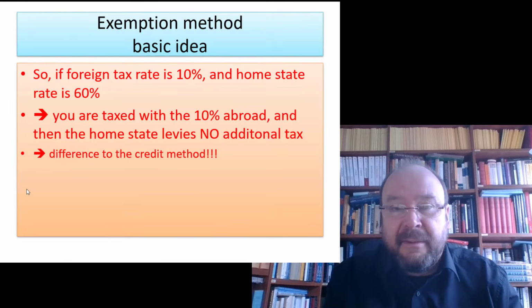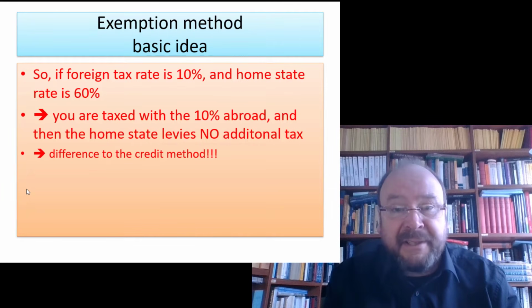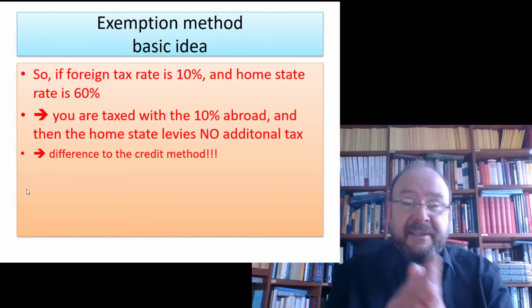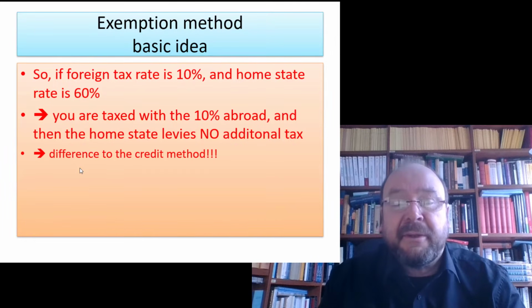Naturally, that would generate a strong incentive to shift income to the other country and to profit from the exemption method. Naturally, you always have the feeling that if you can choose between investing in your own state and paying 60%, or investing beyond the border and getting away with one's 10%, you will naturally try to choose the 10% alternative.